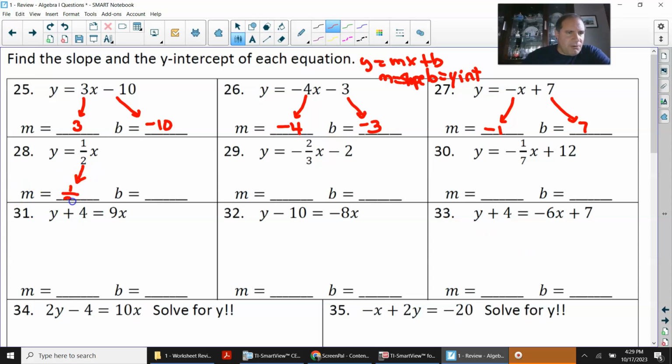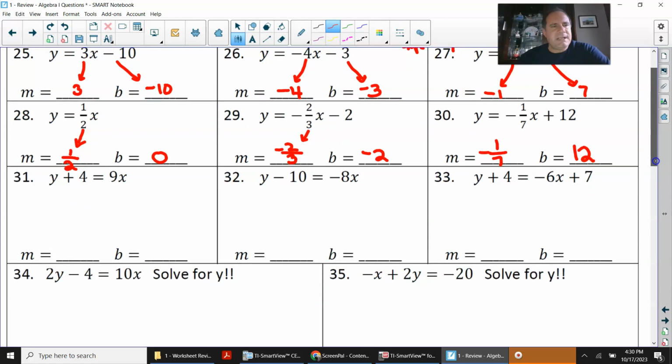This is the slope, it's 1/2, and the y-intercept is 0. This is the slope, it's -2/3. It doesn't matter where you put the negative. If you want to put the negative outside the front of the whole fraction, then you do that. If you want to put the negative with the 2, that's fine, like I did. This is the y-intercept of -2. The -1/7, and then 12.